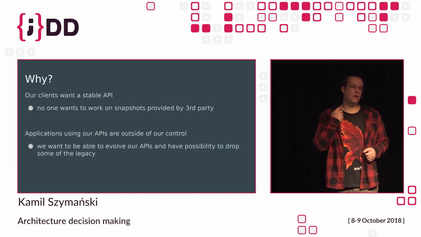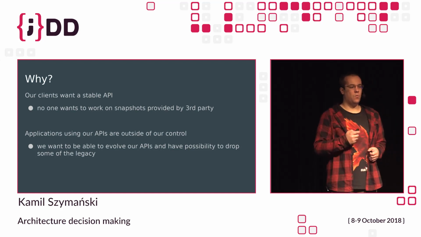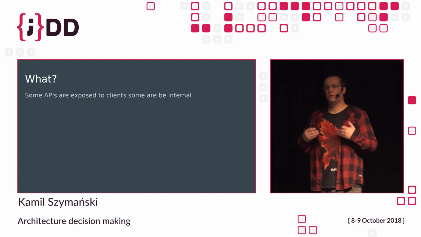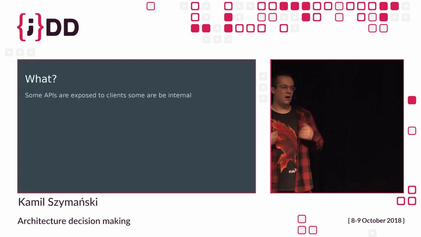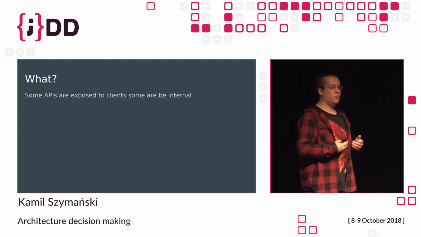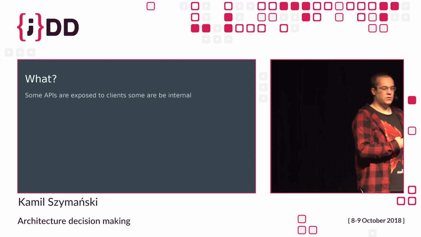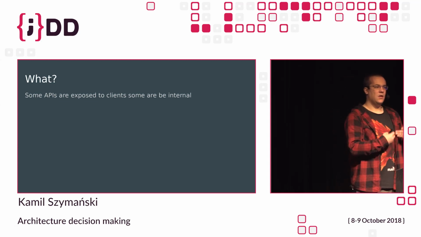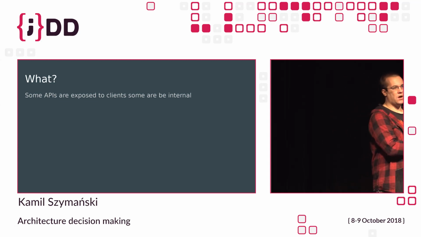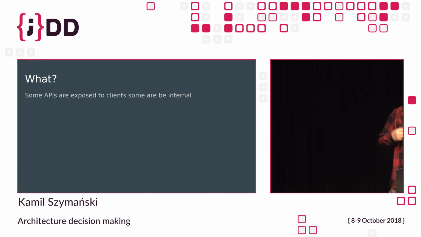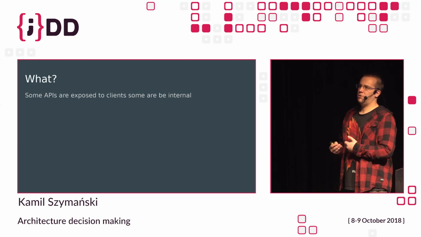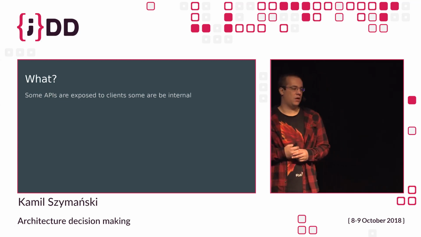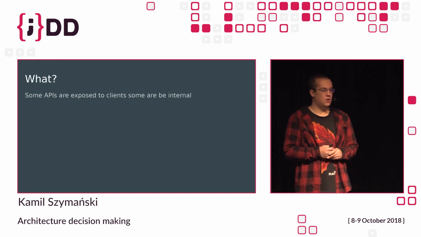But it's not only about asking ourselves why, but also what. What do we want to version? Because there are a lot of APIs. There will be, for example, public, exposed, published APIs, the ones that are visible to the client, the ones that are outside of our area of control, and there are also internal APIs, the ones that we use within our platform to communicate between microservices or services, if you wish.